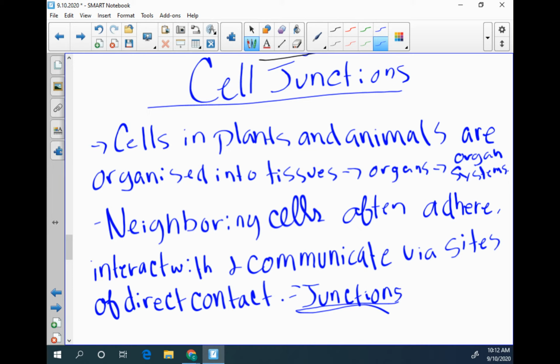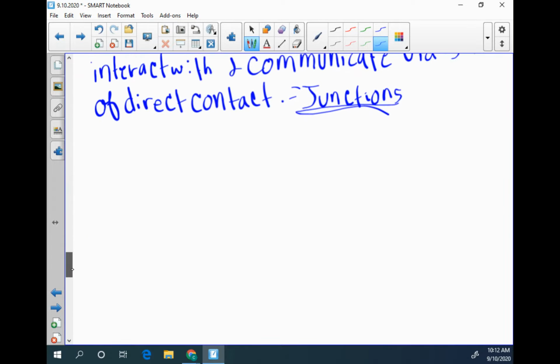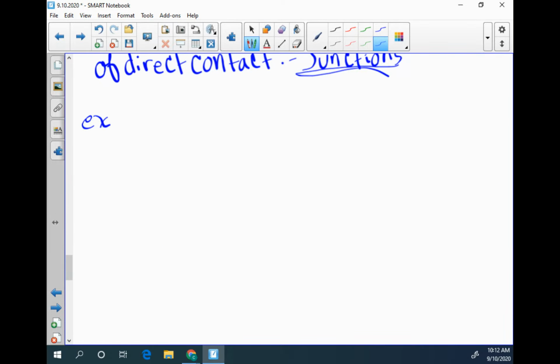Yeah, so I had a little bitty paragraph about the plant cell ones, and then I made a chart for the animal cell ones. So plant cells, the main junction is called plasmodesmata.